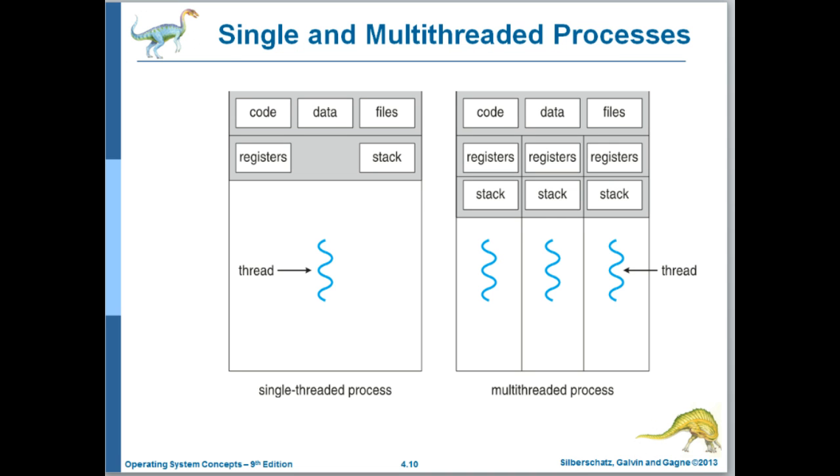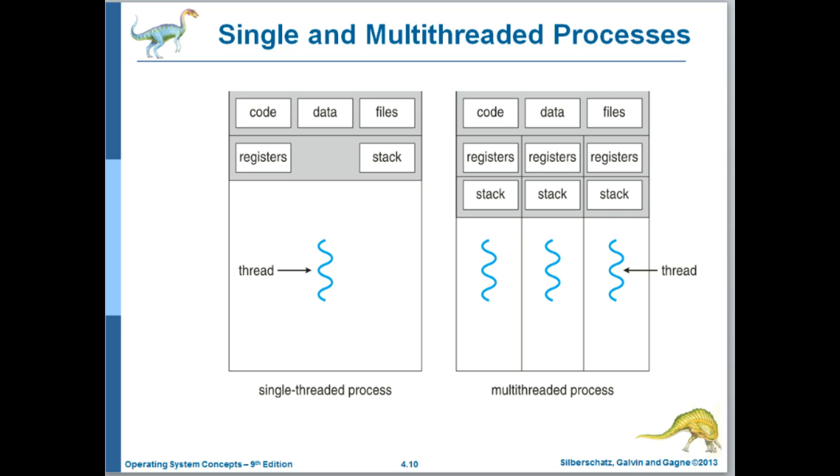Here you can see the resources dedicated to individual threads. On the left, the traditional process, and the thread resources are the registers and stack, and then the remaining resources are the code segment, the heap segment, the data segment, and files and other I/O resources.